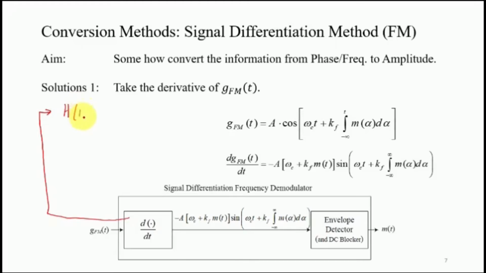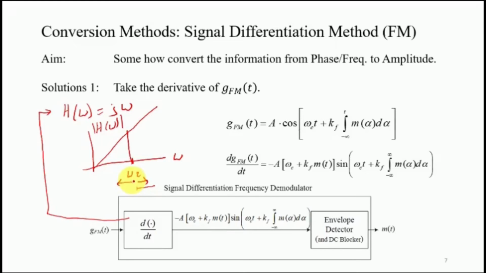Note that for a differentiator, the transfer function is simply j omega. So if you plot the magnitude spectrum of it, it is linearly increasing. So what you would have is simply a straight line in the frequency domain, and this is your carrier frequency omega c.